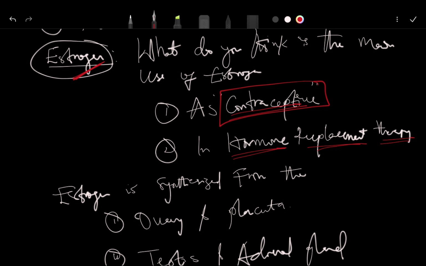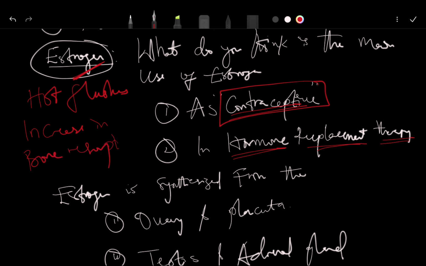So we replace estrogen in such women because they tend to have what we call postmenopausal symptoms, like hot flushes and an increase in bone resorption. So they usually have brittle bones. These are postmenopausal symptoms.